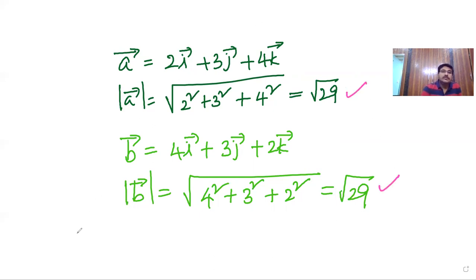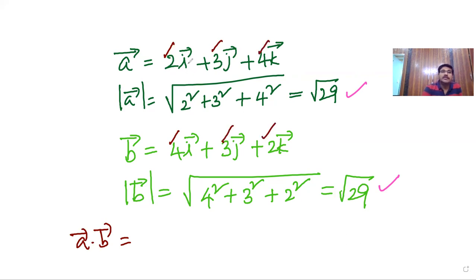Now, observe, we know that A bar dot B bar for any two vectors is the product of these coefficients.